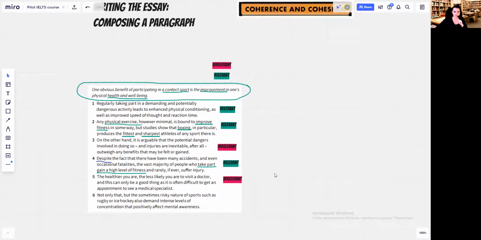6. Not only that, but sometimes risky nature of sports, such as rugby or ice hockey, also demand intense level of concentration that positively affect mental awareness. What do you think? Does it reinforce? Does it prove? Does it support the topic sentence? It does. Let's see why.